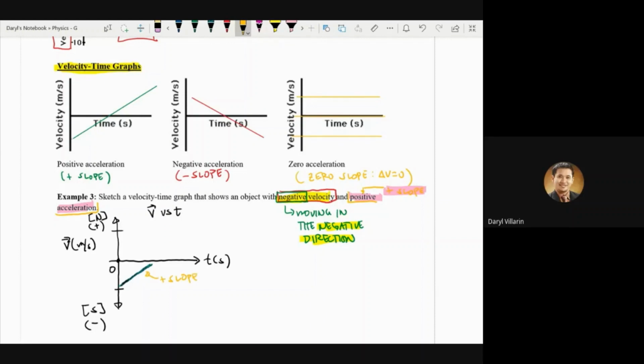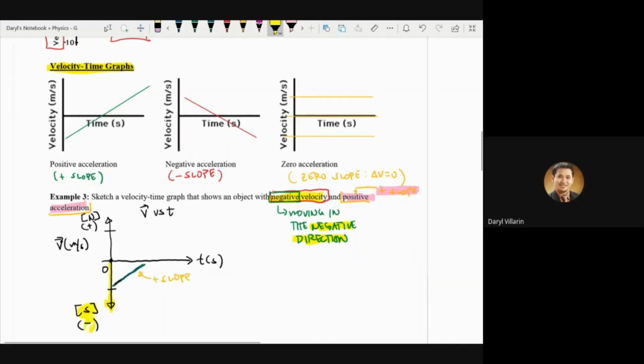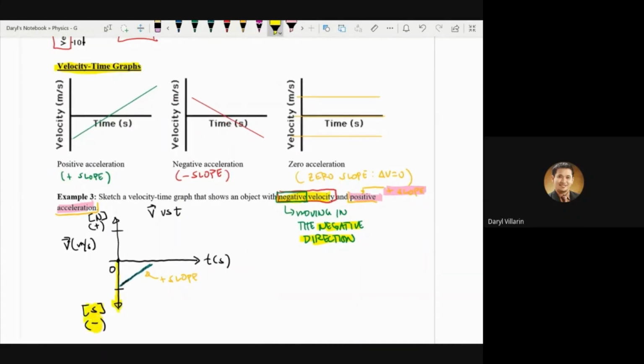However, all of this part here is your negative direction, that's south. Any values below 0 here pertain to negative direction, or moving south, because I set north as my positive direction. However, this is a positive slope. Since the slope is positive, it also follows that the acceleration is positive.